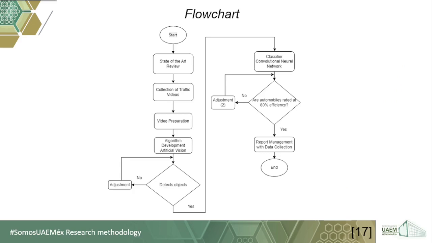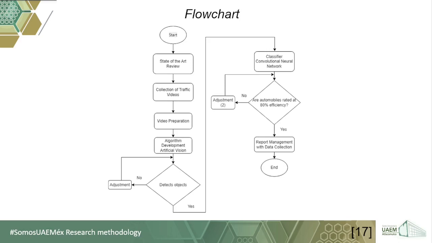Then we have the collection of traffic videos. Then the video preparation, that is the extraction of the image traffic that will be processed by the classifier network. And then the algorithm development of artificial vision.